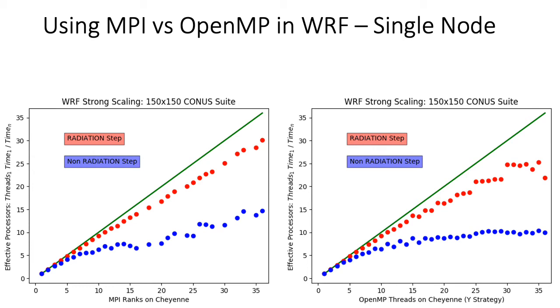If we compare MPI and OpenMP within just a single node, you'll see that the parallelism is similar, but the MPI is a little bit better. The work that has been spent inside the WRF model on MPI is reflected versus the results that you see with OpenMP.